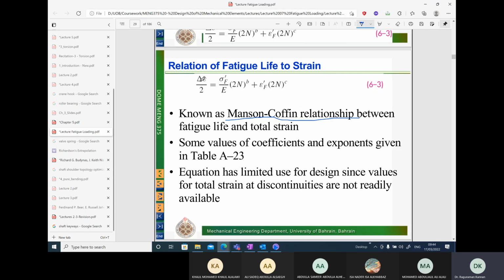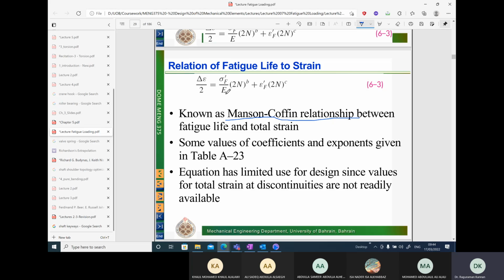You cannot do hand calculations and figure it out, because your component can be quite complicated in design. If that is the case, we have to run the finite element analysis, and we have to find where the local strain is maximum. And we have to figure out what is the plastic strain, elastic strain, and then from that result, we will be able to figure out, using Manson-Coffin relationship, what would be the life of the specimen.